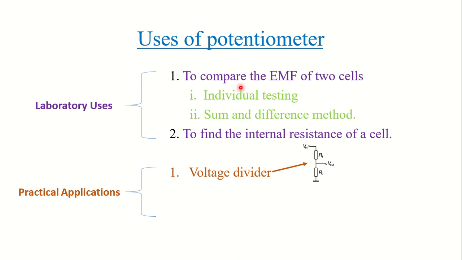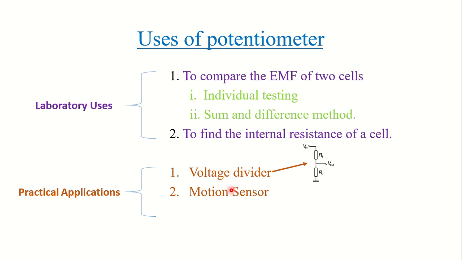When we explain the comparison of EMFs and the internal resistance of the cell, we will explain how the slider moves and how to find the balancing length using a potentiometer. We will discuss the laboratory uses in detail, and here we are just mentioning the practical applications. One, we have seen it is used as a voltage divider.